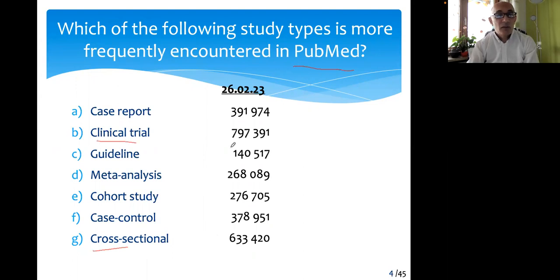If you search PubMed for clinical trials, you have a larger hit, but actually this term clinical trials might include also some other types. I didn't check individually whether all these 700,000 are really clinical trials, it's not possible, but clinical trials and cross-sectional study designs are the most commonly encountered study types in PubMed.